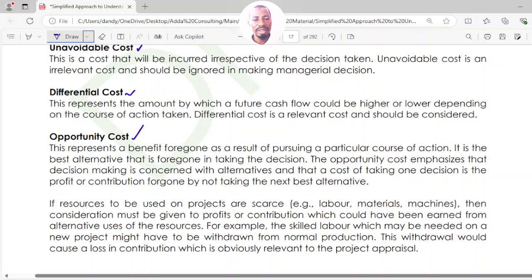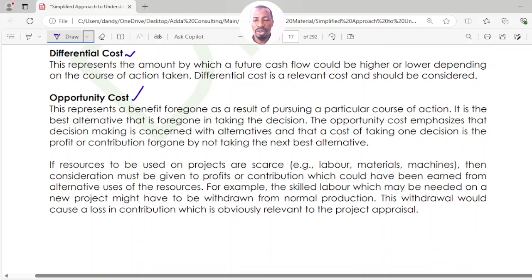Therefore, it's a lost revenue for me. So when I want to determine the cost of my lecturing, the revenue I've lost, the benefit I've lost through Uber service should be part of it. This is what is called opportunity cost. Therefore, when you see opportunity cost in a question, you have to account for it. It is a relevant cost.